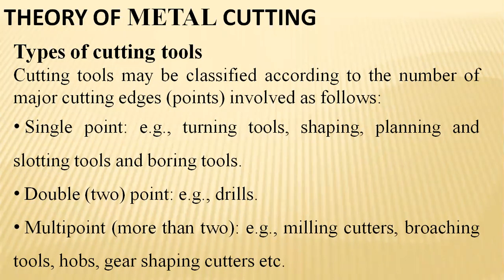Coming to the double point, the drilling section plays a major role, for the convenient strategy of diametrical access at different points of the work specimen. The drills will be performed.